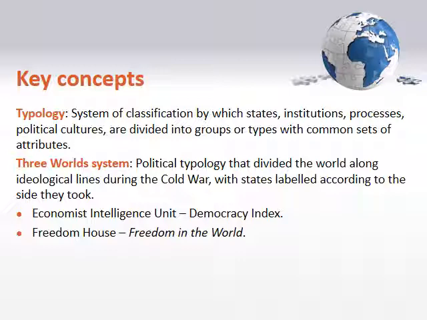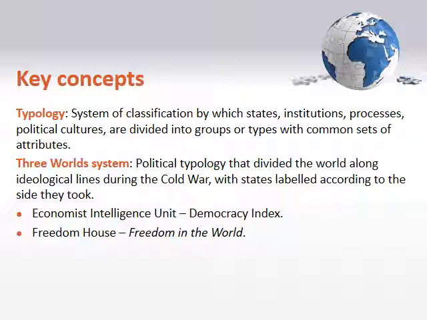They may or may not be allied with the first world or the second world. And we still use the term third world because of that. We don't really use the term second world much anymore, but we use the term third world as a synonym for the developing world. That would be an example.